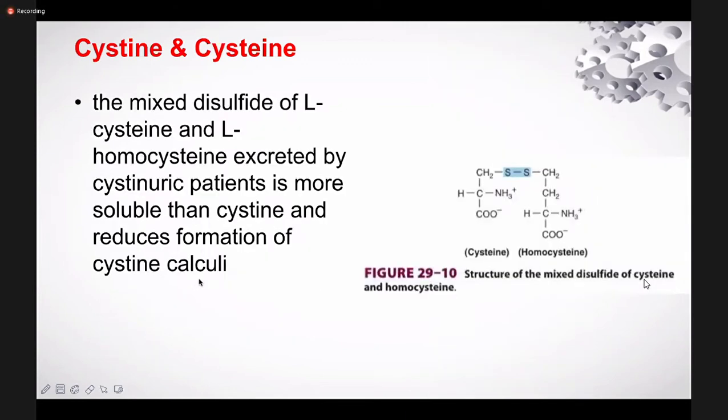So here, the mixed disulfide of L-cysteine and L-homocysteine excreted by cystinuric patient is more soluble than cystine and reduces formation of cystine calculi. So this is the structure of the mixed disulfide of cysteine. So this is actually more soluble than cystine lang. So by forming this one, there is a reduction of formation of cystine calculi.